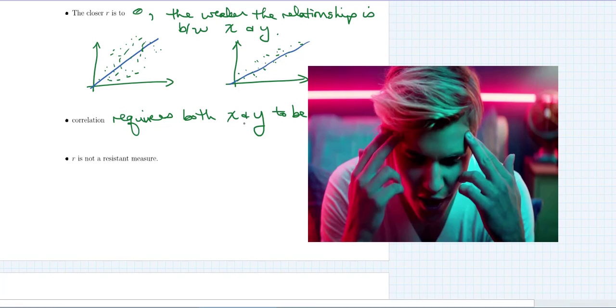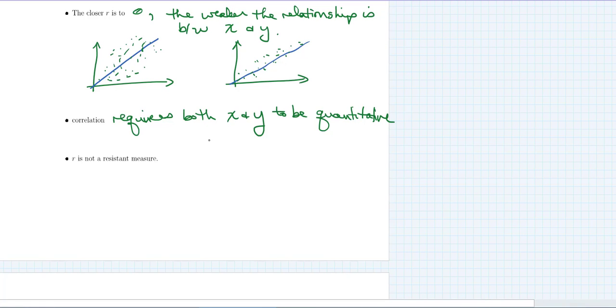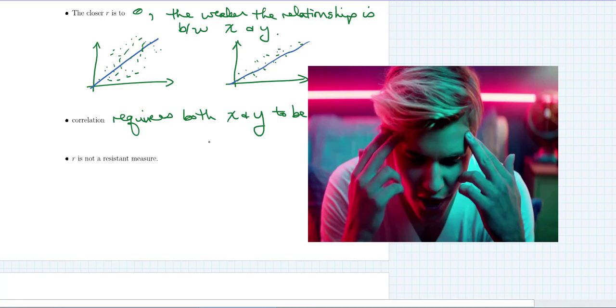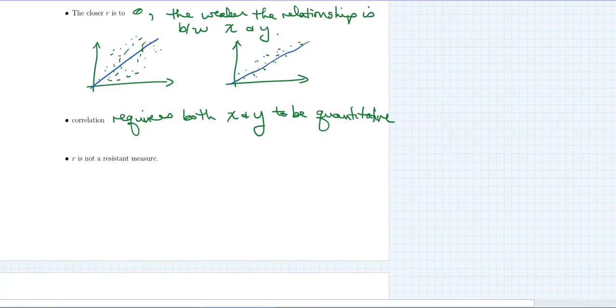What does that even mean? And it's also not a measure of two variables where one is quantitative and one is categorical. Because again, what would a linear relationship mean between those two things? So just keeping in mind that the measure of a linear relationship between two variables only makes sense when both x and y are quantitative, and you'll be fine with this bullet point.